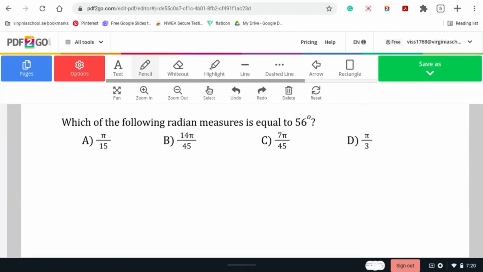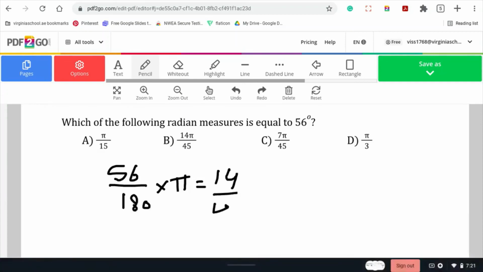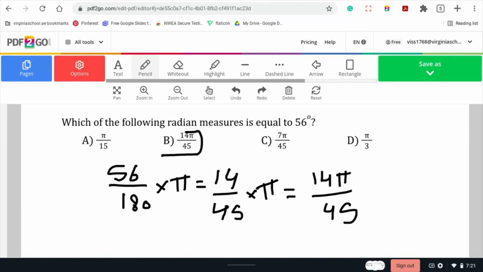And this is how we do it. 56, we divide it by 180, and we multiply it by pi, which equals 14 over 45 multiplied by pi. So the answer is 14 pi over 45, which is B.